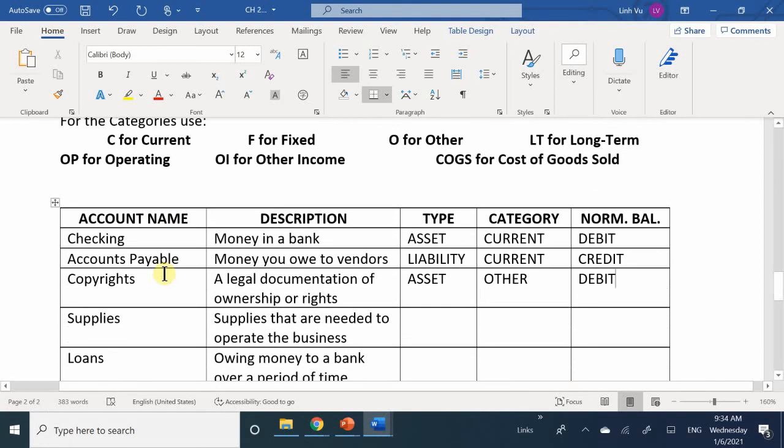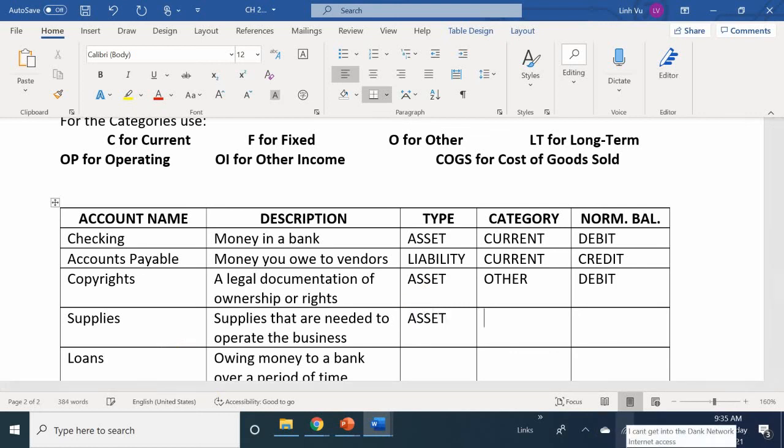Okay, good. All right, next one is going to be supplies. So supplies that are needed to operate the business. This is kind of a trick question too. Expense. It's not an expense because we didn't use them yet. It is a current asset, correct. These are things we are acquiring to use in the company.